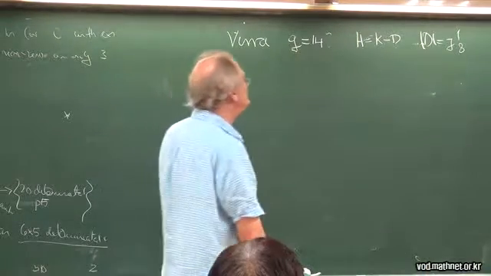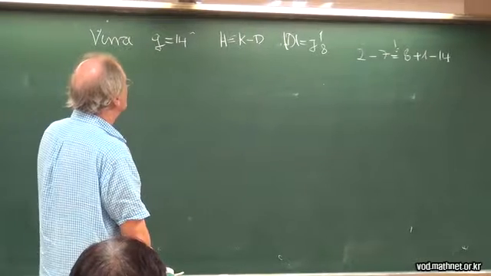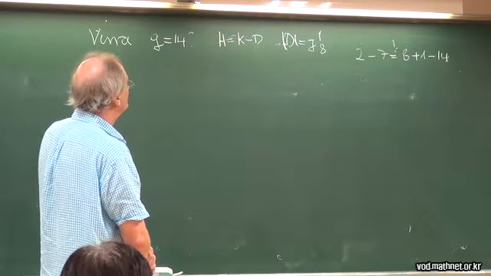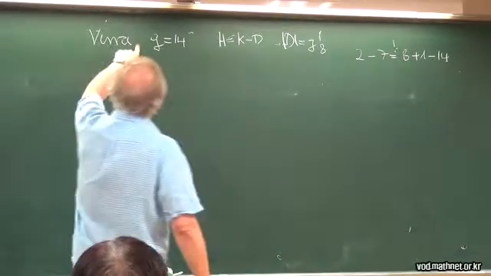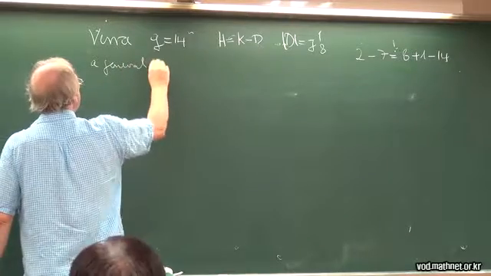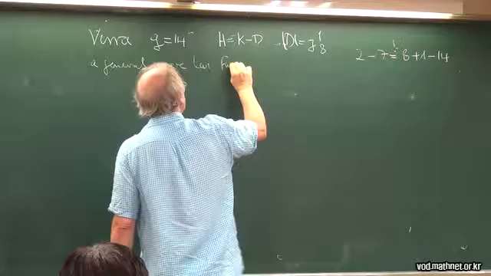So this is correct. So 9, yeah, by both minus 5. So a general curve has finitely many.